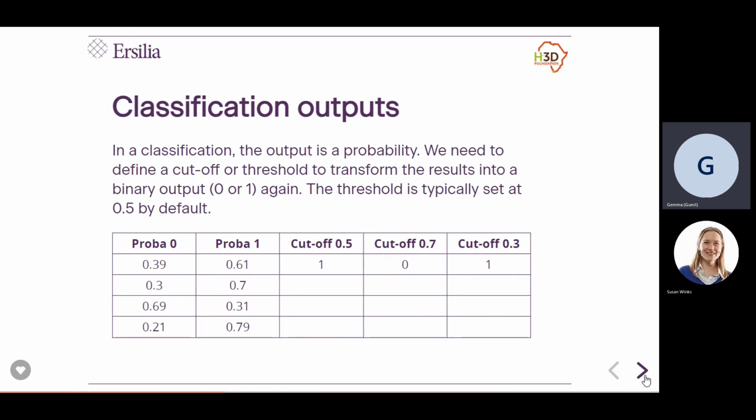So in this case, this molecule is predicted to be active, but it's not the highest in my data set. So maybe I don't want to pick it. For the second example, with a cutoff at 0.5, what do I get? An active or inactive?